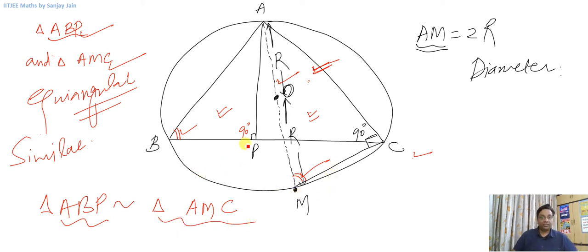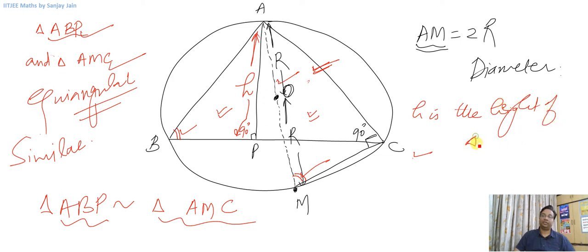If these two triangles are similar, if I consider this AP as H, because this is also the height of this triangle, right? Which triangle? Triangle ABC. H is the height of triangle ABC with base BC. Now what will be the length of side BC?